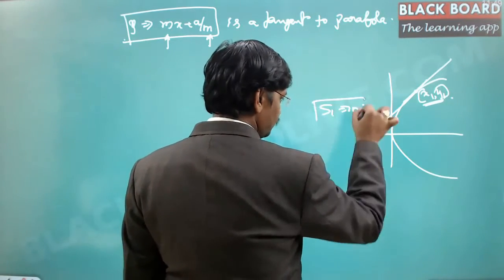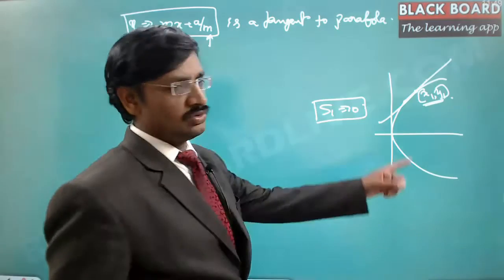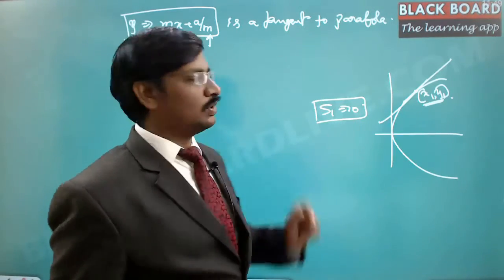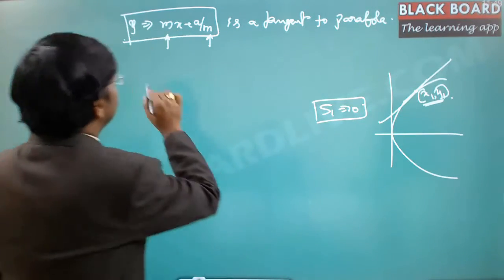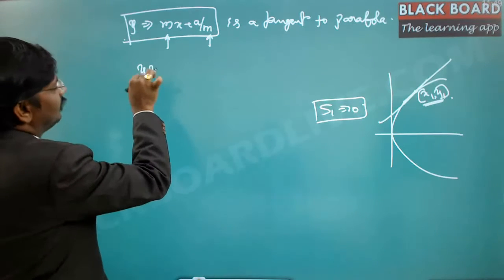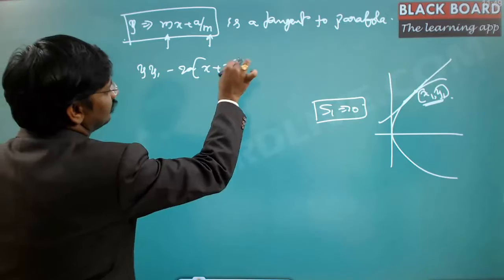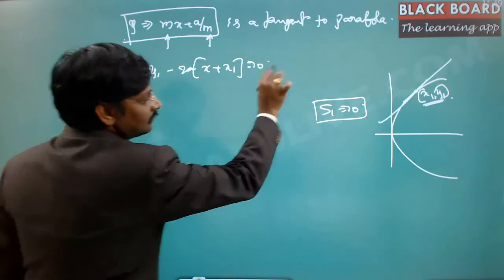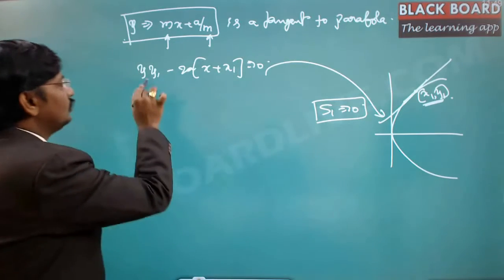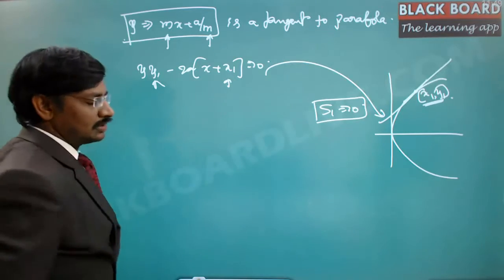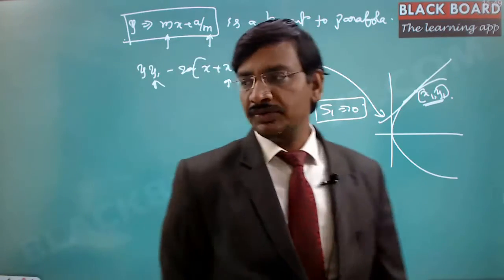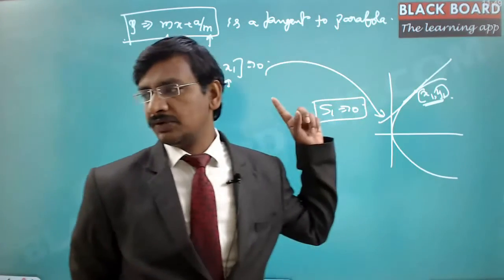This equation always represents the tangent to this particular curve. S1 is nothing but, at this particular point, y1 minus 2a into x plus x1 equal to 0. This itself is the equation of this tangent. Here you know the x1 y1 values, so you will be able to identify the tangent equation. So given a point, this is the tangent equation.